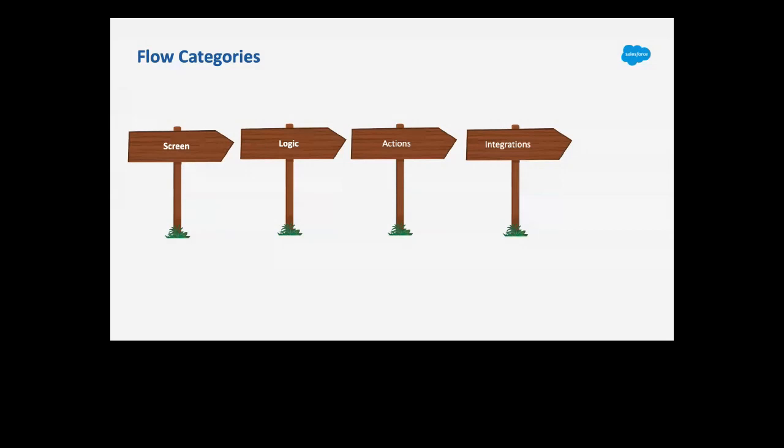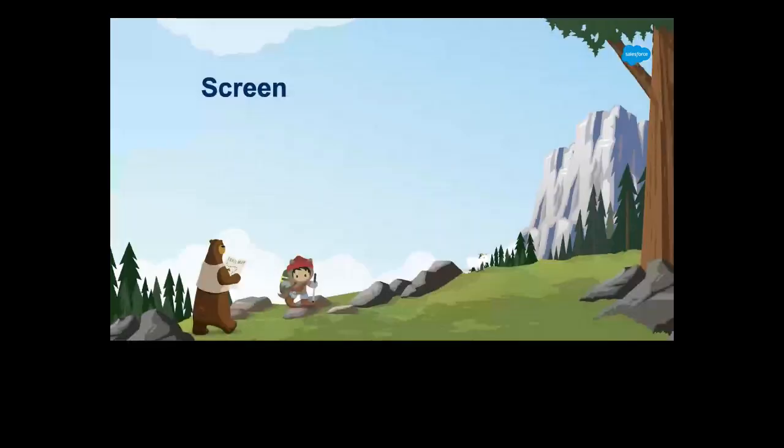Okay, so next, these are all flow categories. We're gonna go one by one. We're gonna go by screen, how the logic works, what the actions are, and integration. First, we saw the screens, but I'm gonna go to the previous screen again so we can take a look.